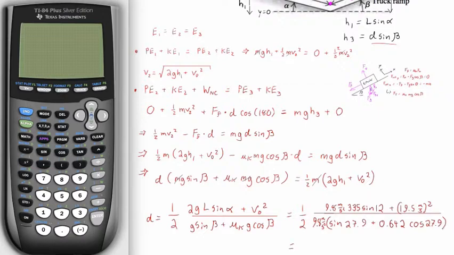Let's go ahead and do that on the calculator. In the numerator we have 0.5 times 9.8 times 335 times sine of 12 plus 19.5 squared.